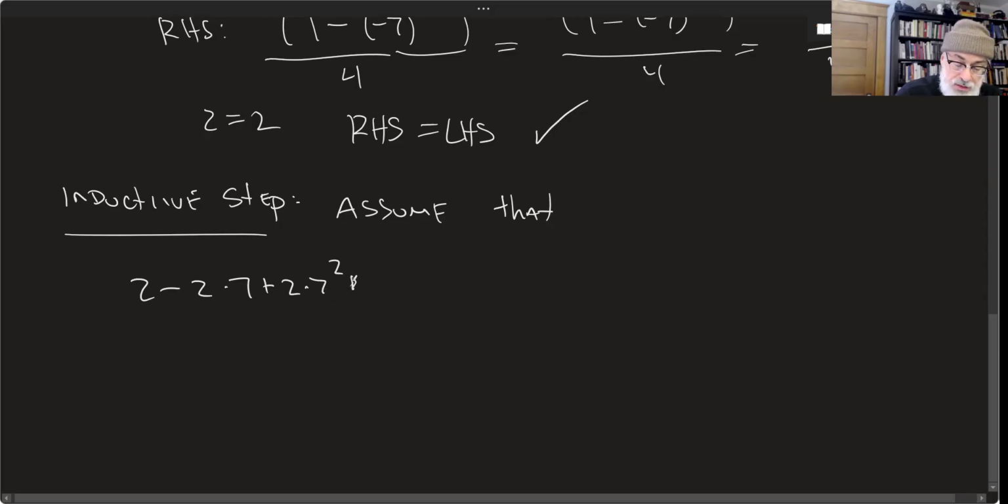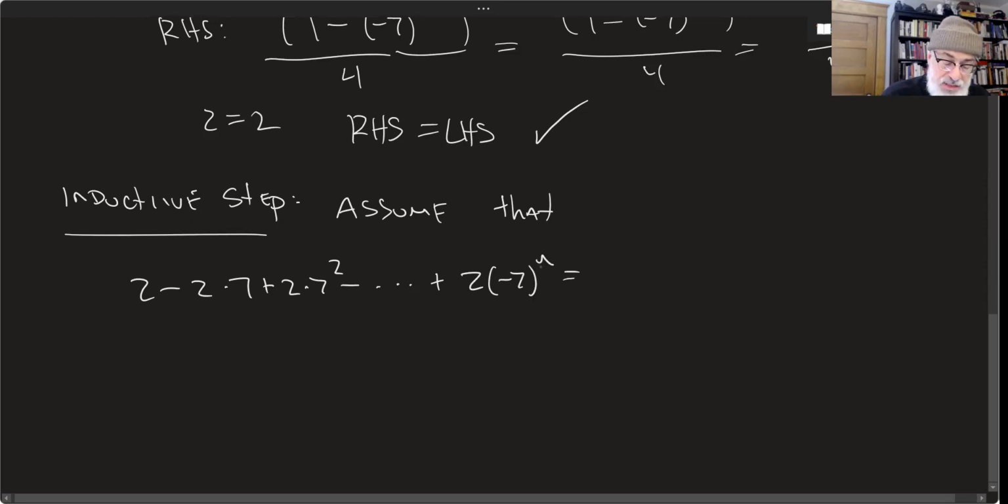We have alternating signs, so this has to be negative, plus 2 times negative 7 to the n. Let me write that better so we don't get lost in it. So 2 times negative 7 to the n.